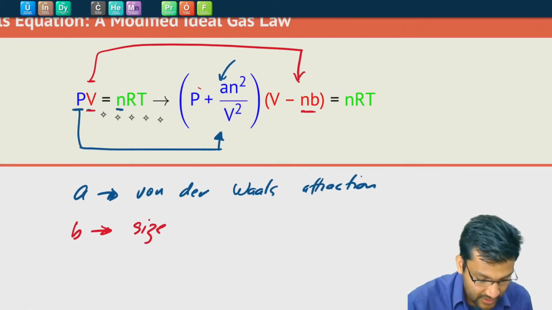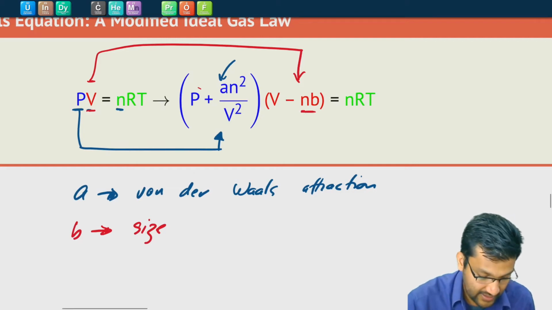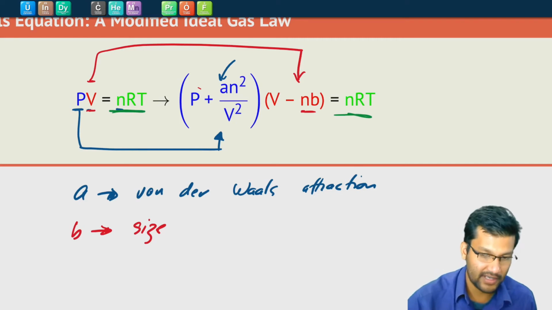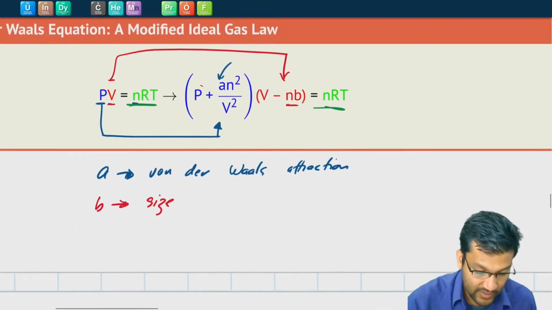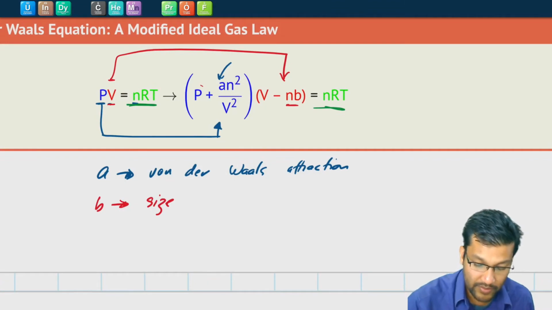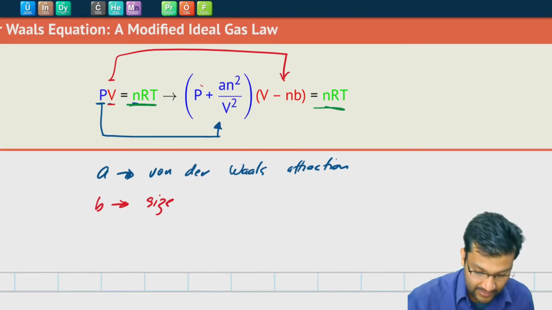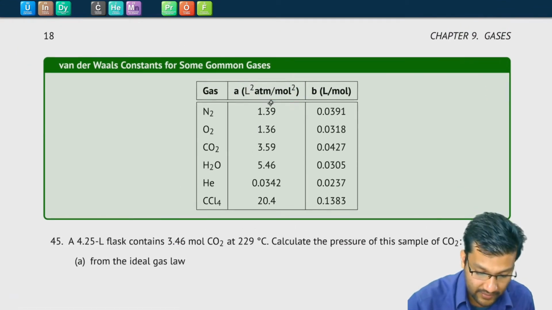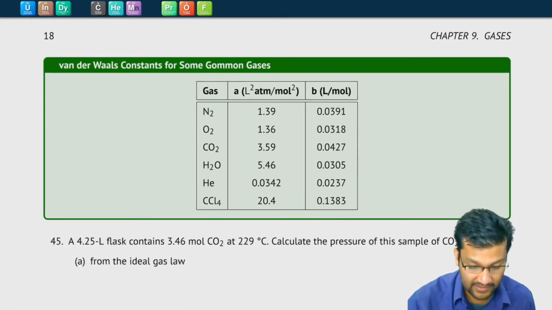Instead of regular pressure, we have this term for pressure. Instead of regular volume, we have this volume. And then the nRT term is just the same. So that's how we modify PV equals nRT when we want to talk about real gases. And in those cases, we need to know what A is and what B is for that gas. This table here just lists some common gases and the values for A and B for those gases.